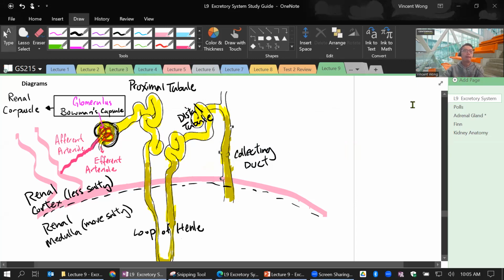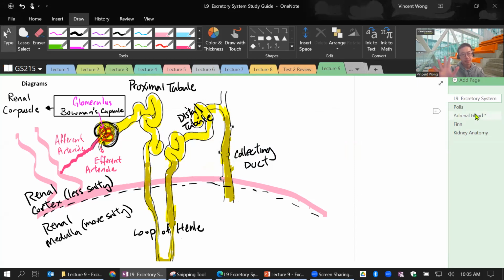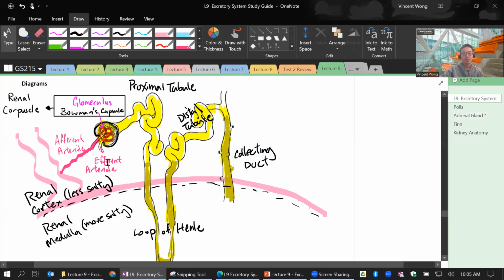That is the simplified diagram. And I know even simplified it already seems pretty busy and complicated.